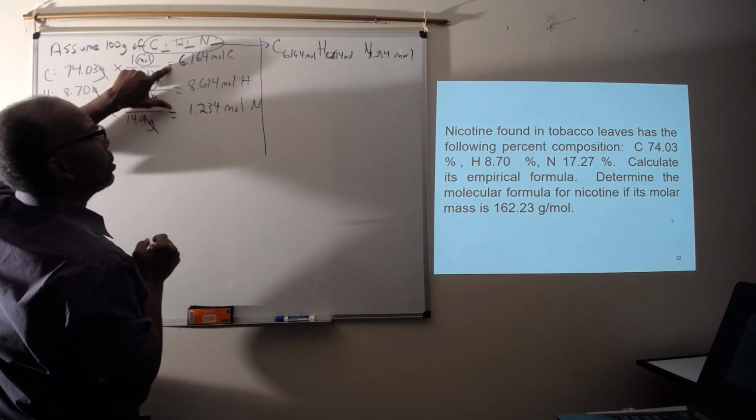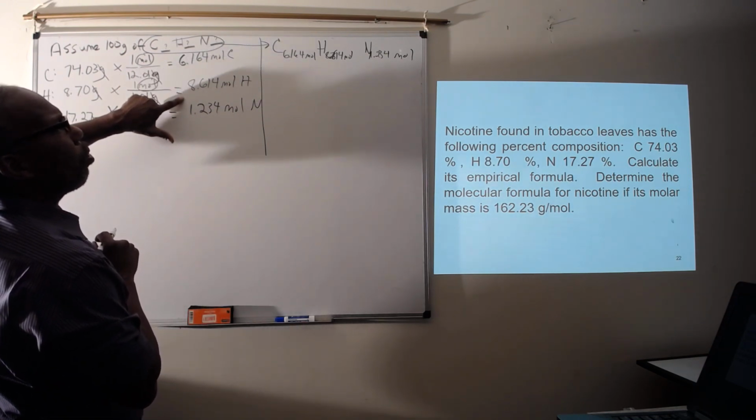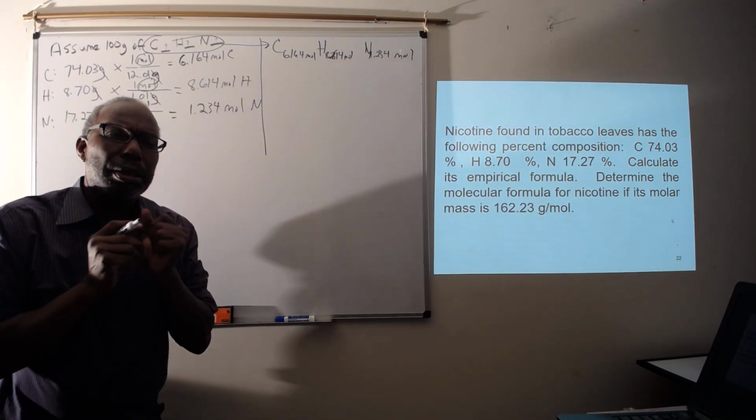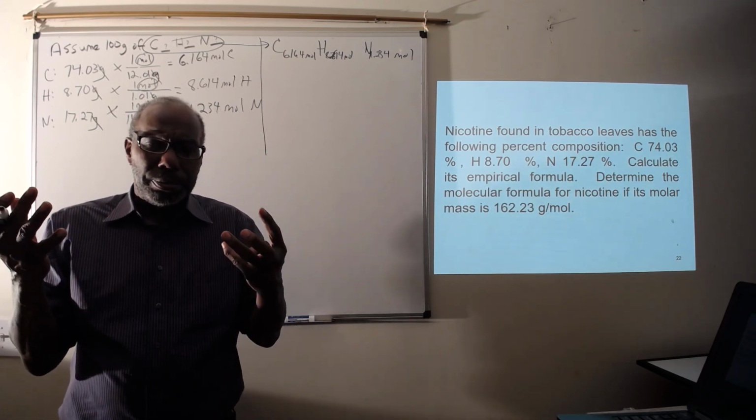Just get them from right here: 6.164, 8.614, 1.234, and then divide to get whole numbers.